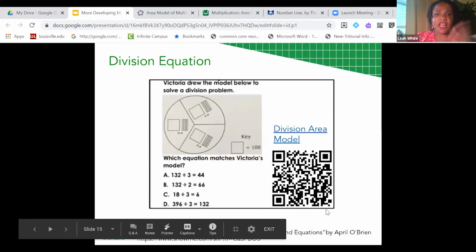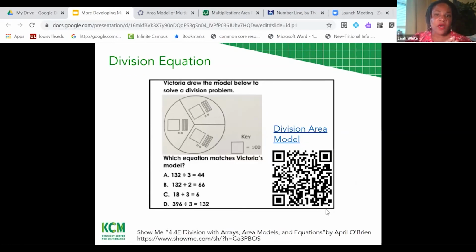Another problem that I wanted to share with you was this model, and I'll give you a couple of minutes to look at this. You can share either in the chat or unmute and share which equation matches Victoria's model. This is also thinking about partitioning or fair sharing. So I'll give you a moment to look over this one.